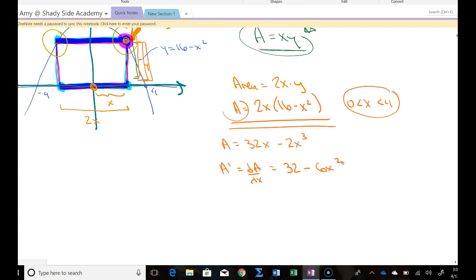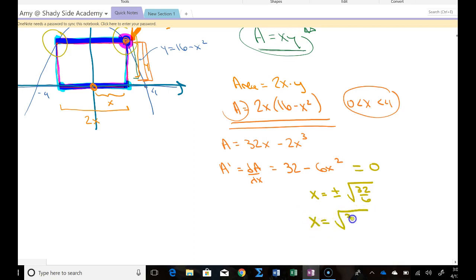I'm going to set this equal to 0, being very methodical as I look for first derivative critical points. When I set this equal to 0, I will get x equals the positive or negative root of 32/6.